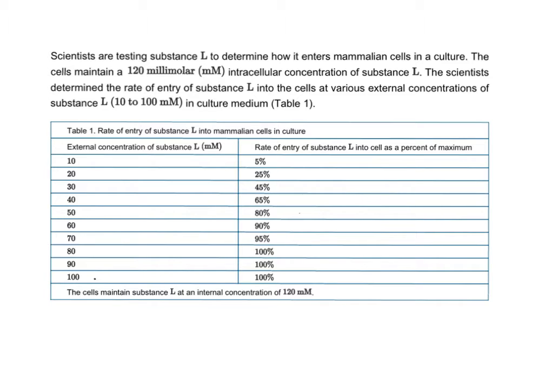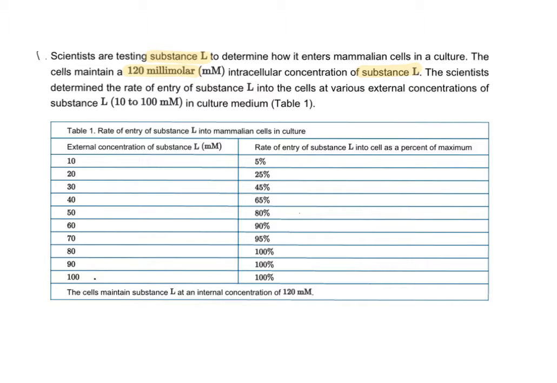Okay, so question number 1 says, scientists are testing substance L to determine how it enters mammalian cells in a culture. The cells maintain a 120 millimolar intracellular concentration of substance L. So this is the concentration inside of these cells.